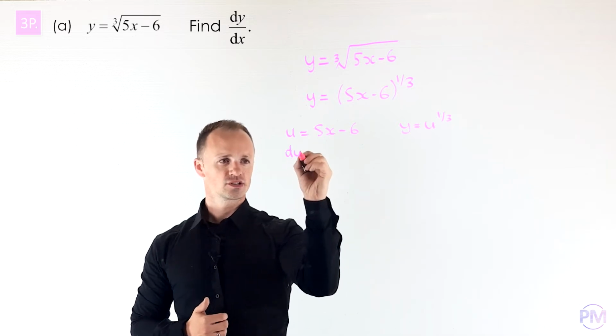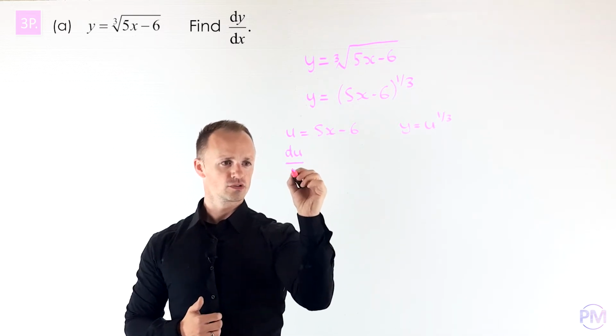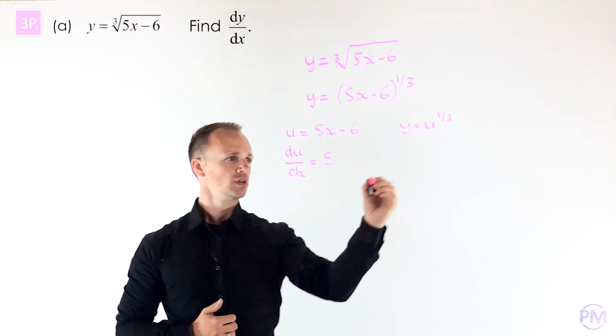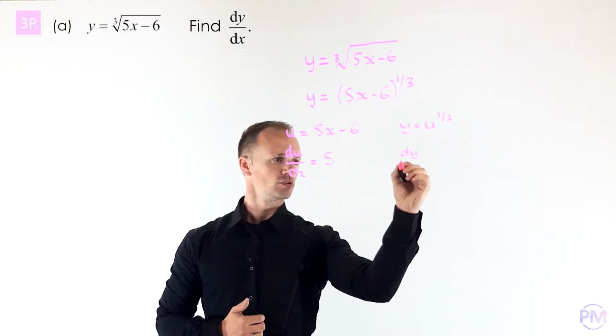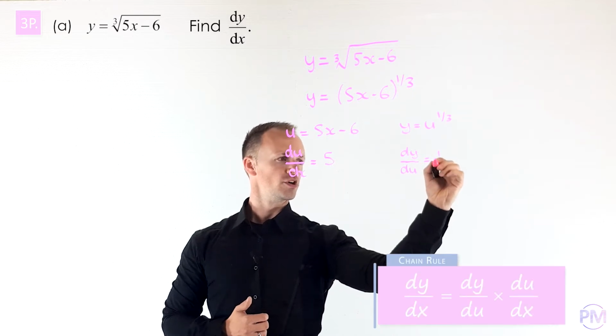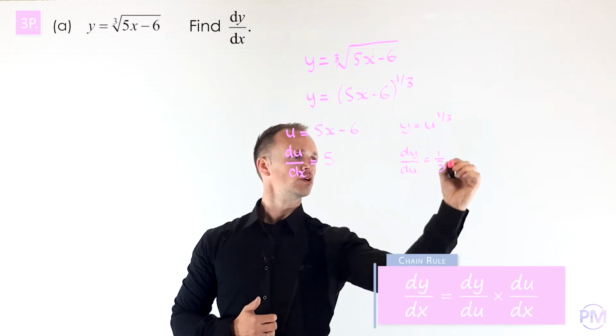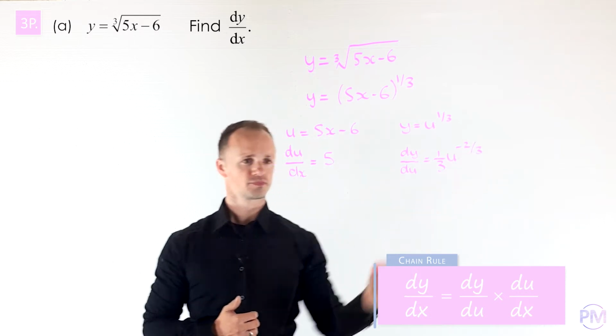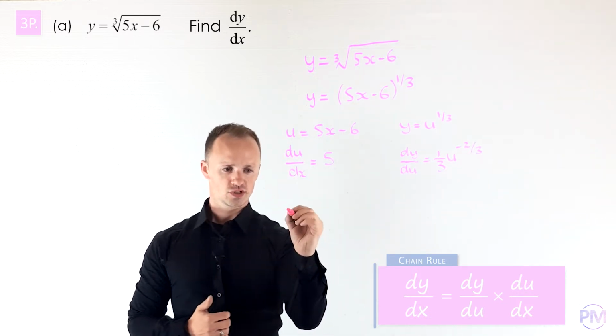Next, we'll differentiate both of these. So du dx is going to give us 5, and dy by du is going to give us 1/3 u to the minus 2/3. Now we can combine them using the chain rule.